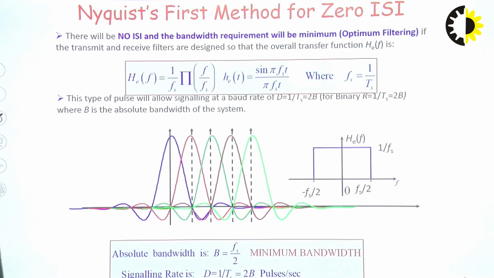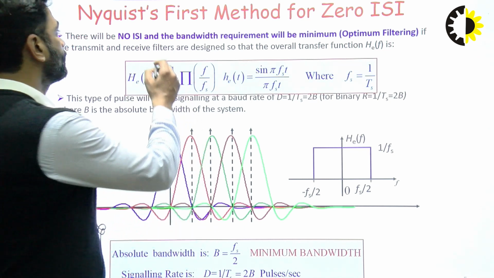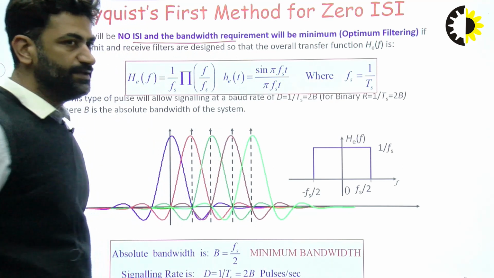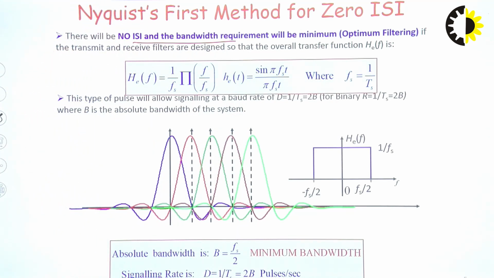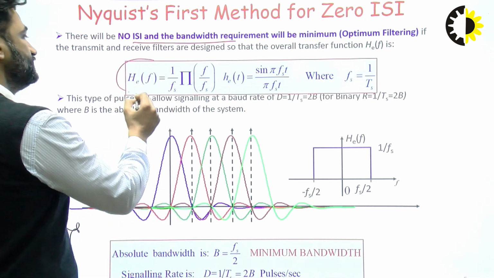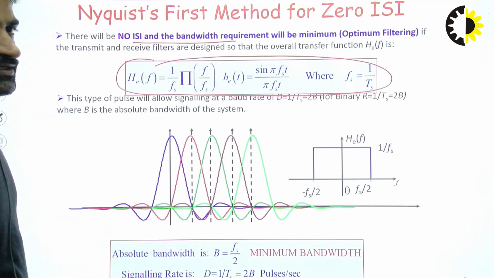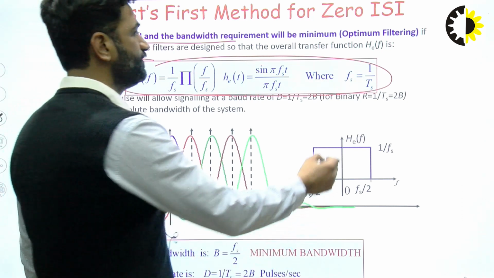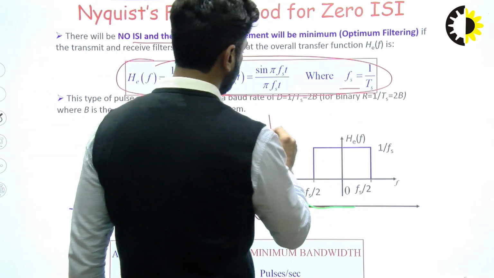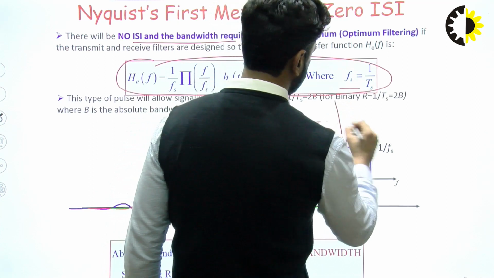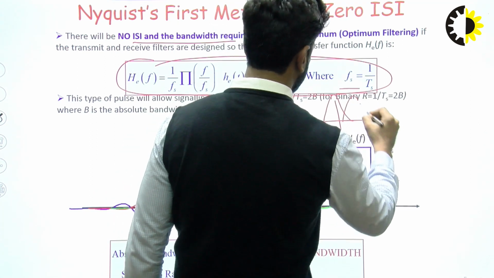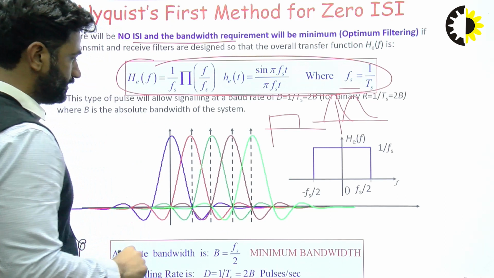Now this is the Nyquist first method for zero ISI. How can ISI be controlled? It can be controlled by the Nyquist first method for zero ISI. If we use this kind of filter, we have to use the transfer function or impulse response h(t) = sin(pi f_s t) / (pi f_s t), where f_s is 1 by T_s. Instead of sending rectangular pulses, we will send the pulses in terms of sinc pulses like this.